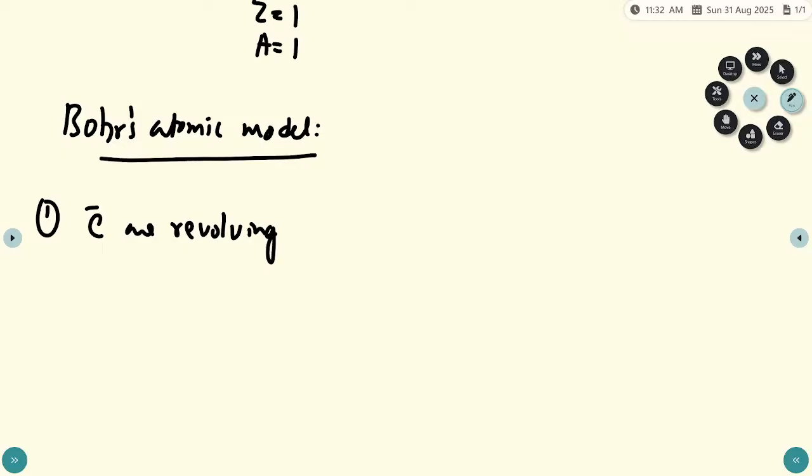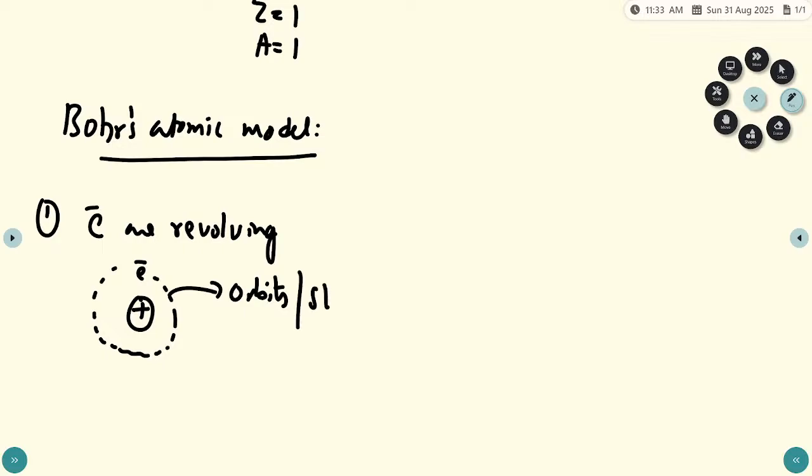In a circular path are called orbits. So this is the nucleus. And around the nucleus, the electrons are revolving like this, revolving in a circular path. So these circular paths are called orbits. So these circular paths ne orbits are shells antaru. Okay, orbits are shells.